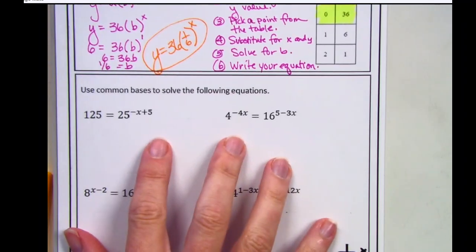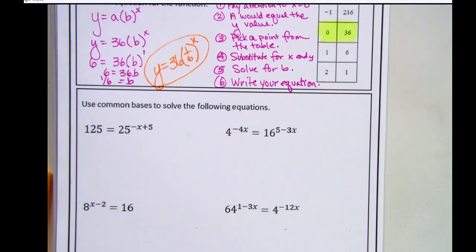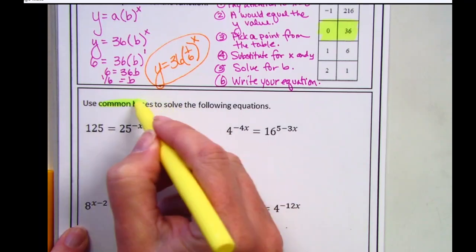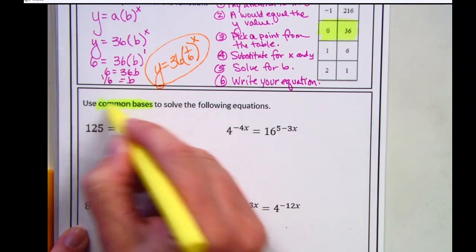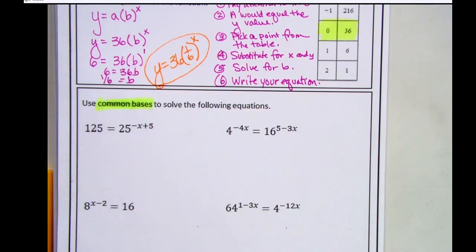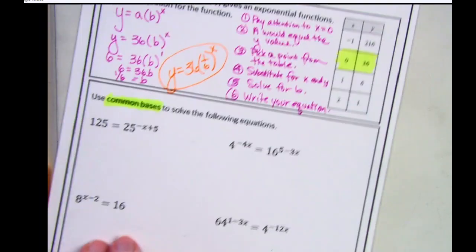I believe you covered these in Math 1. Let me know if otherwise. Exponential equations can't always be solved this way, but today they can. We're going to use common bases. So let me rewind before we start doing those problems. If I have 3 to the x equals 3 to the 5th, what does x equal?